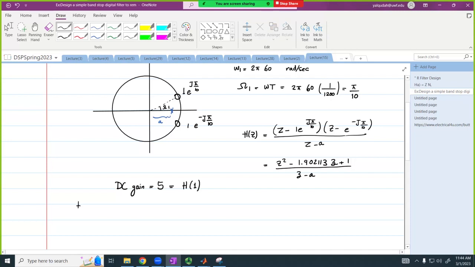So again, h of 1 means h when z is equal to 1. Z equal to 1 means z equal e to the j omega, which means omega equal to 0. Omega equal to 0 means DC.